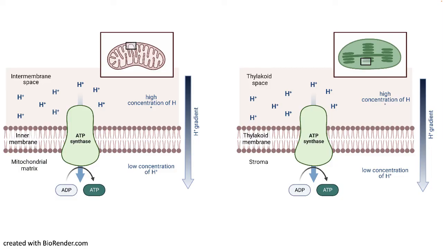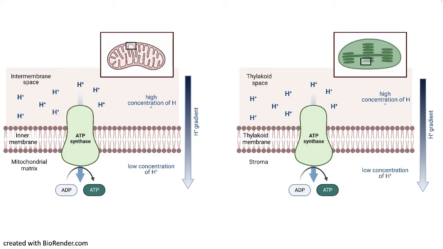We have an area with a high concentration of hydrogen ions or protons, and we have an area with a low concentration of hydrogen ions or protons. These hydrogen ions flow through the pore part of ATP synthase, turning the molecular motor part, which directly catalyzes the addition of the inorganic phosphate group onto adenosine diphosphate, which produces adenosine triphosphate.